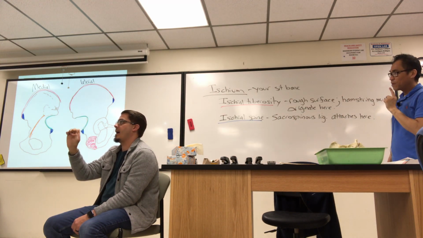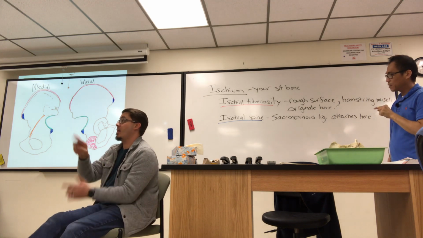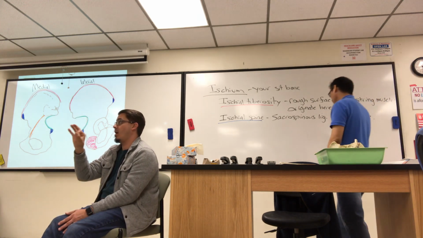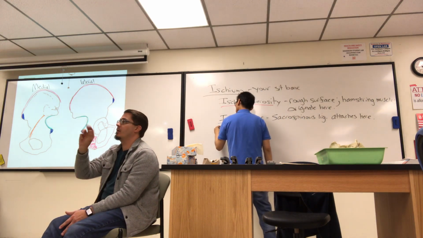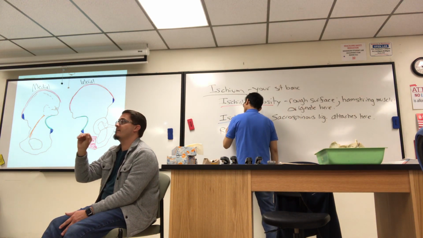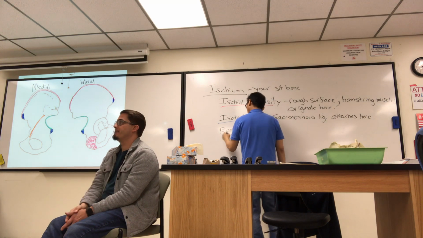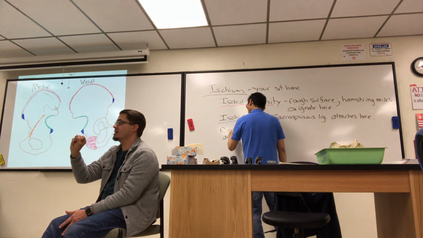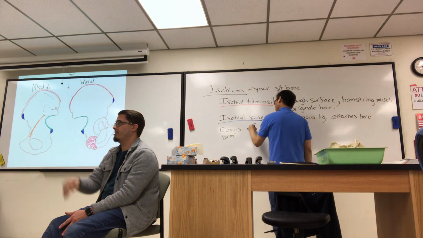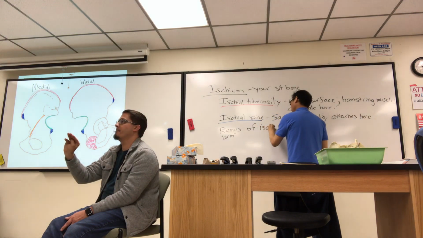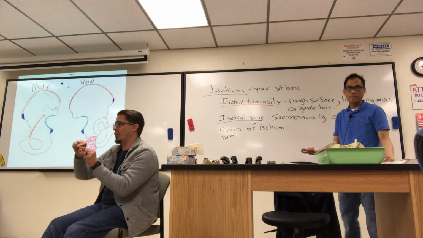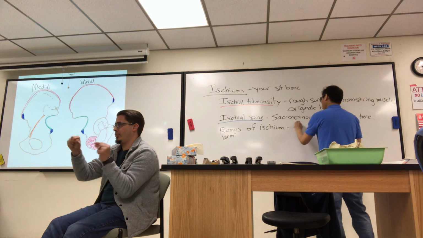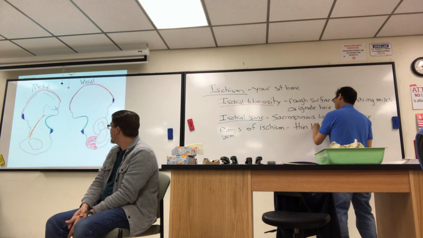Then I have the ramus of the ischium. Ramus means arm. It's just a thin bar of bone. That's how I'll describe it.